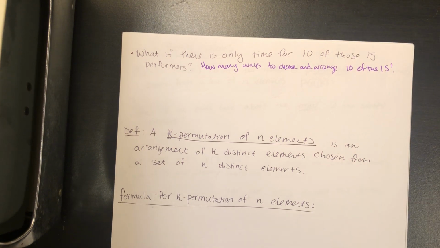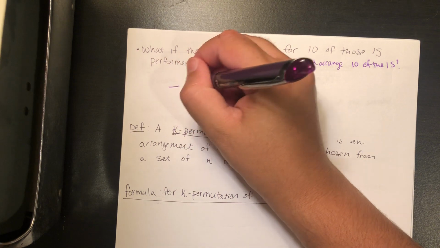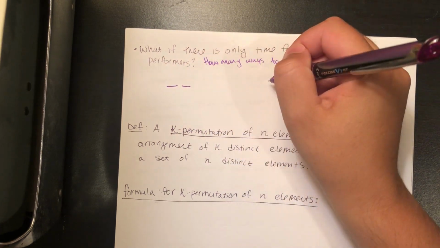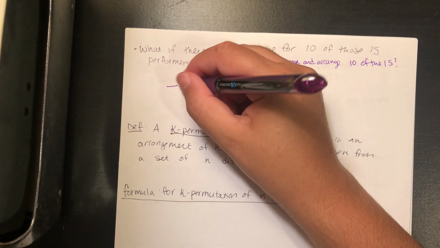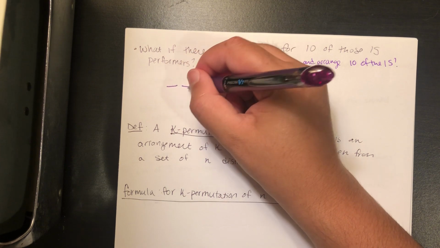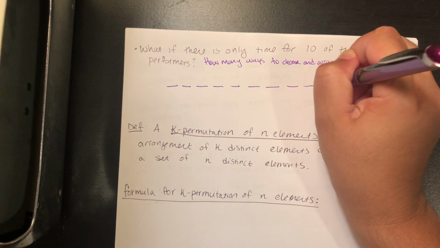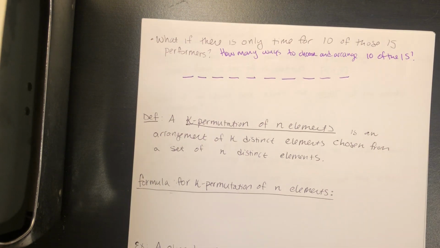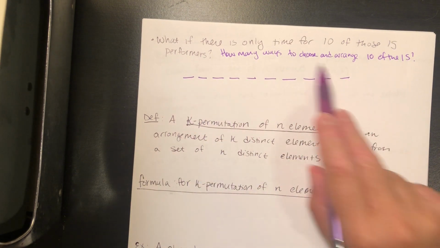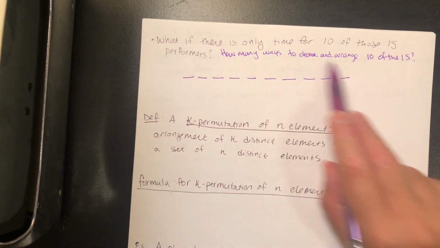We can use that same idea of the multiplication principle here. It's just, instead of having 15 dashes, we only have 10. Here's who's performing first, then second, third, fourth, fifth, sixth, seventh, eighth, ninth, and 10th. So these are representing who is performing and in what spot.